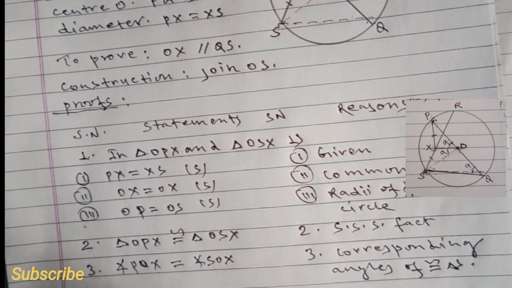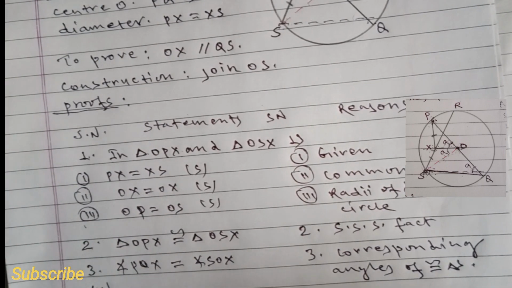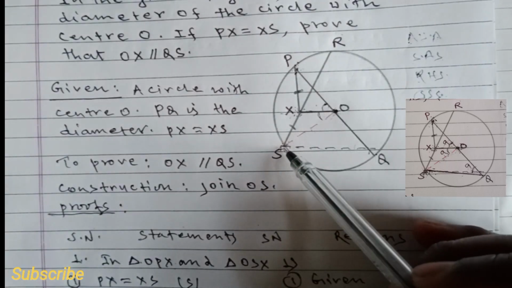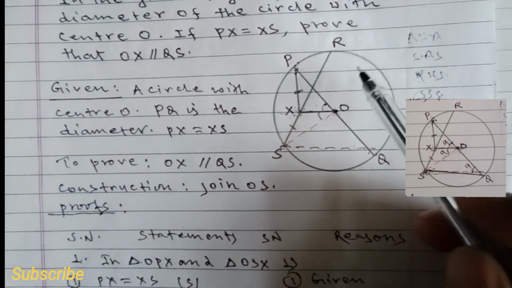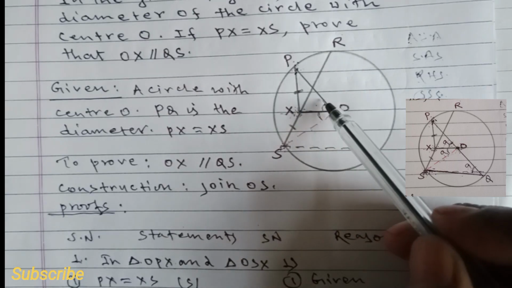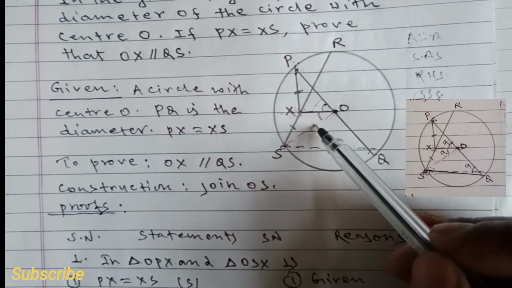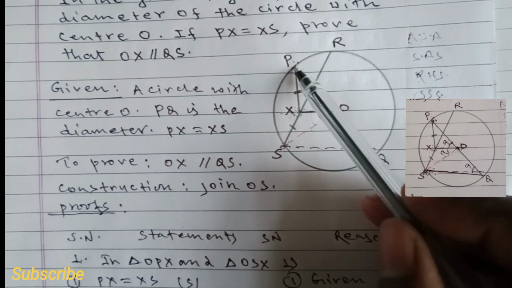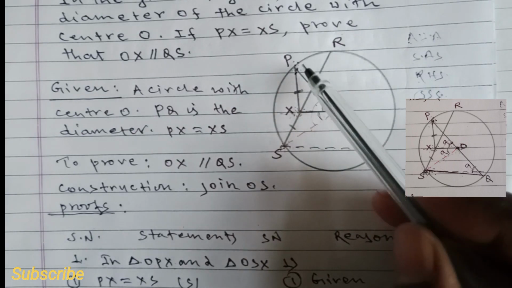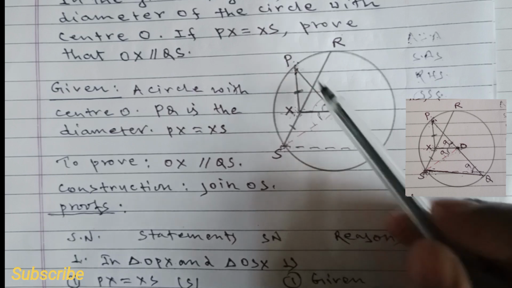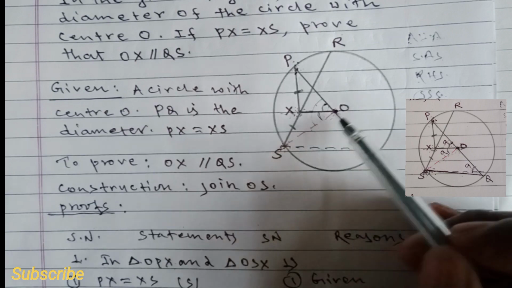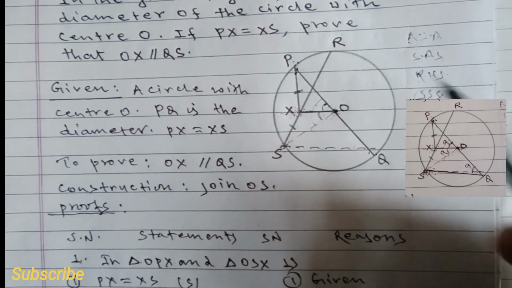Dear students, let's look at the figure. Angle POX and angle SOX. After adding angle POX and angle SOX, we get the angle at the center, which is obtained by the arc PS. So angle POX plus angle SOX equals angle POS.